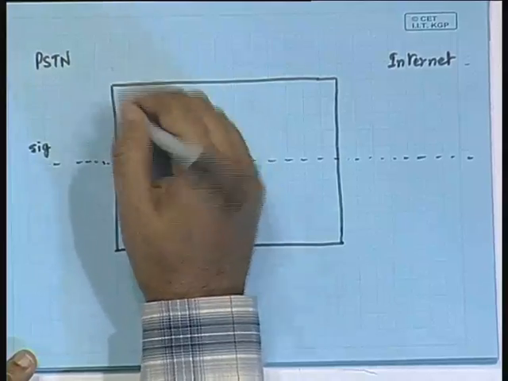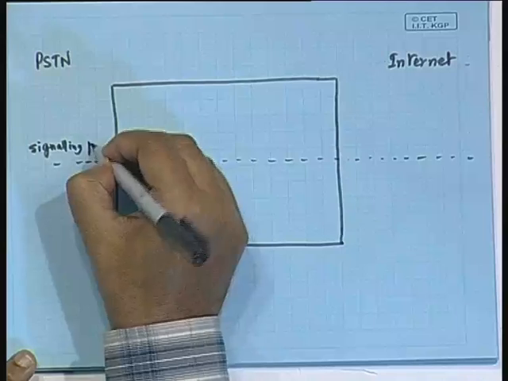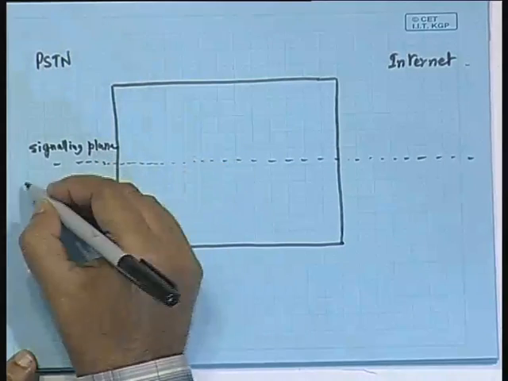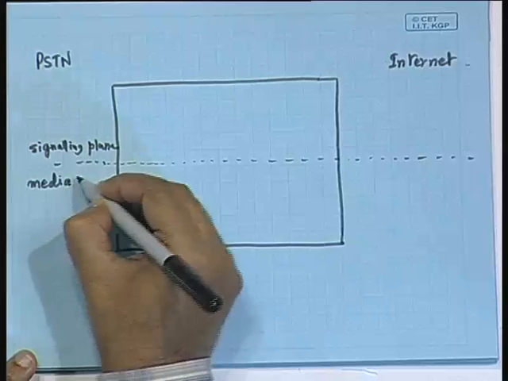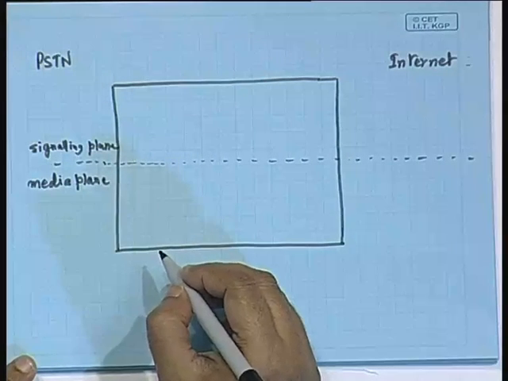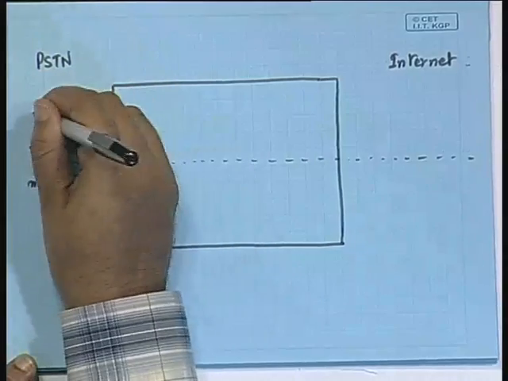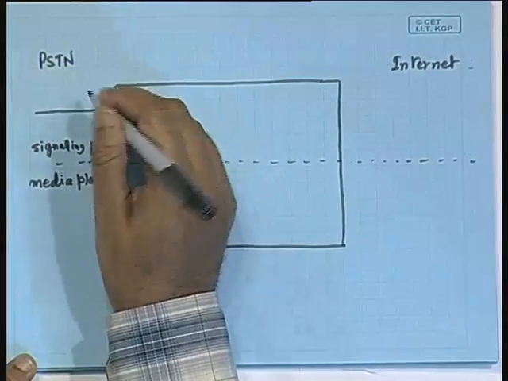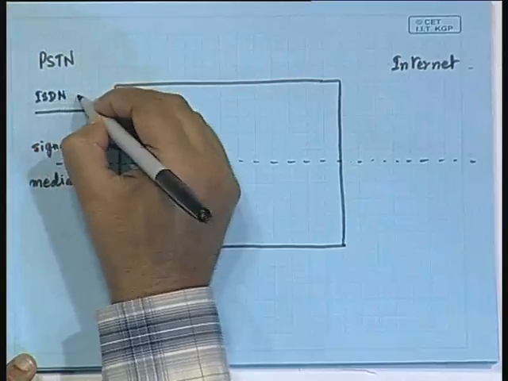Now, if we segregate the two and define a signaling plane, I mean if the top half of this we define as the signaling plane and the bottom half we define as the media plane, then what are the signals that we are going to receive at the gateway? One is the ISDN Q.931.